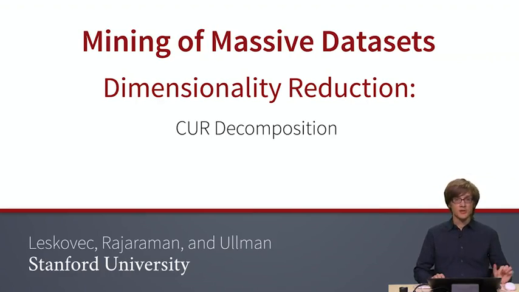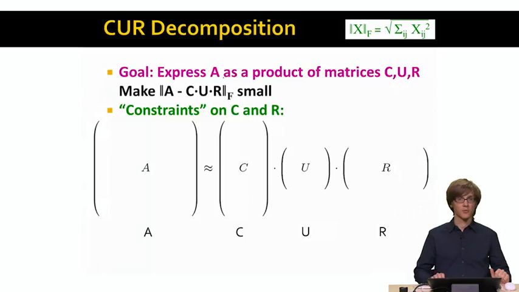So the CUR decomposition is a different type of dimensionality reduction technique. We will talk about it next. And basically, it tries to alleviate some of these drawbacks of singular value decomposition. So what is our goal? In general, our goal is very similar to the goal we had with singular value decomposition. So again, we are given matrix A, and we want to express it as a product of three matrices.